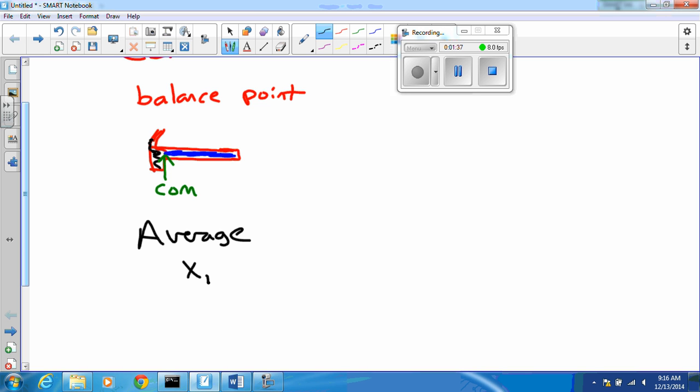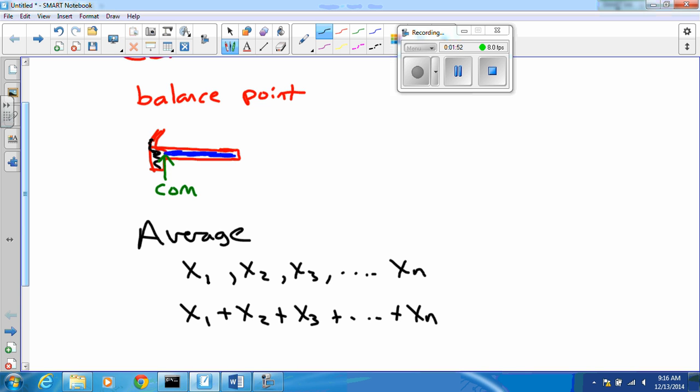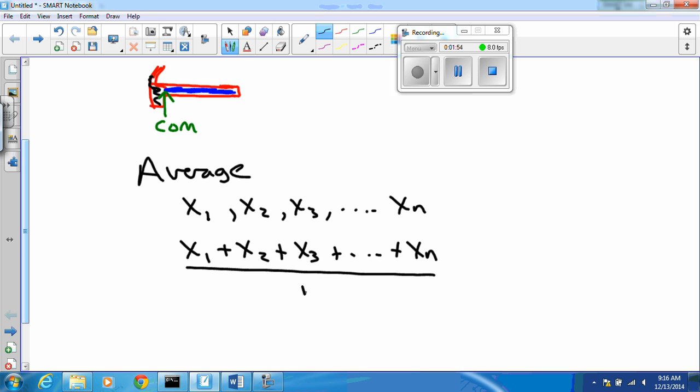So if I have a set of numbers x1, x2, x3, all the way out to xn, and I say, give me the average, then you would say that the average is x1 plus x2 plus x3 plus all the way out to xn divided by the total number of numbers. We're going to give that symbol x bar for x average.